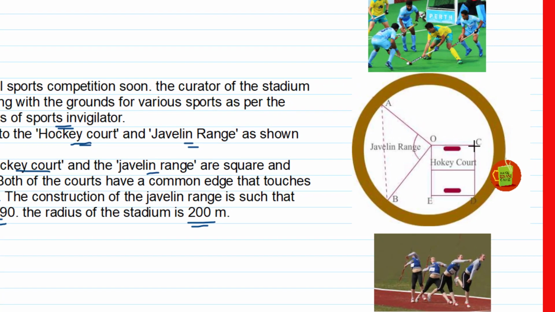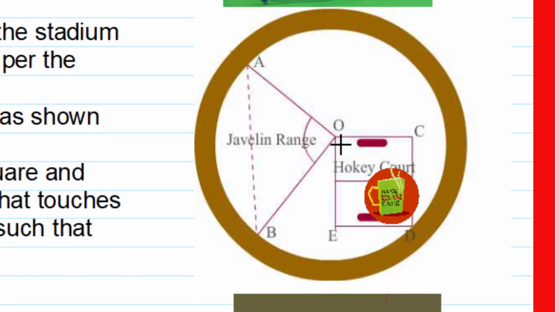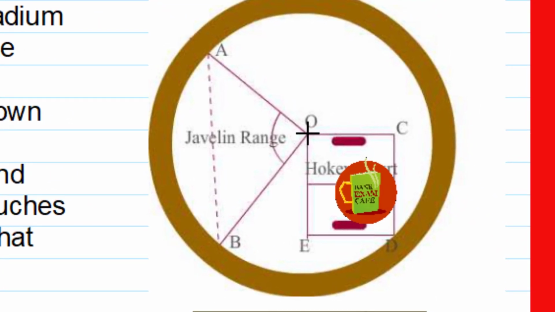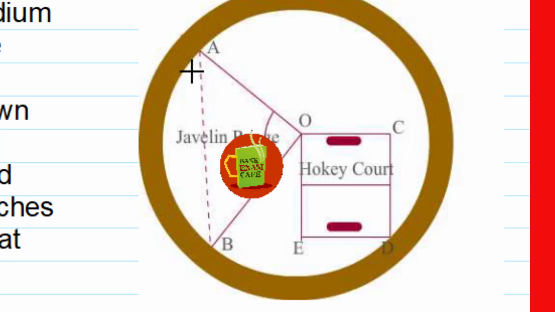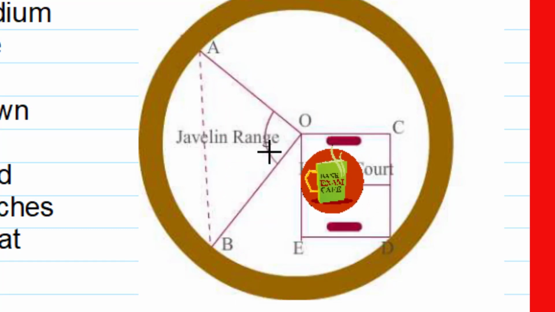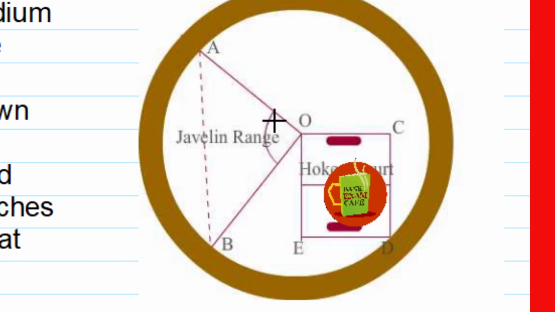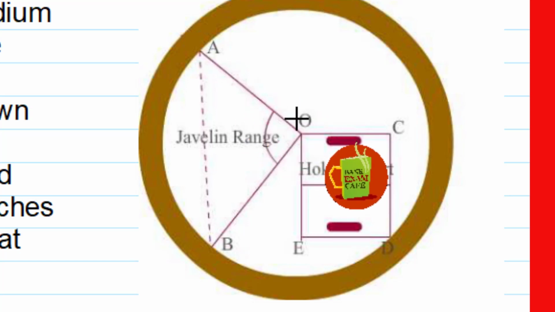Here friends, the hockey court is of the square shape and one vertex is at the center, and the javelin range is of the triangular shape, and this center angle is given as 90 degree and the radius of this circle is given as 200 meter.